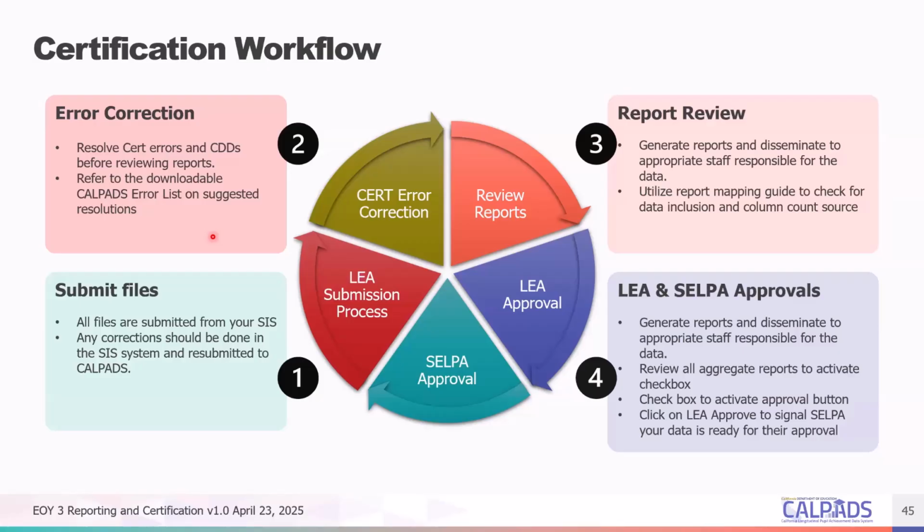So we implore you to look at your data discrepancy section, because any data discrepancy that you see in there will, if not corrected, manifest as CDDs later on when the snapshots are turned on May 6th. So to be proactive, if you've already uploaded your files to CalPADS for end of year three, at least, you may look at your data discrepancies to see any potential errors that you can correct now.